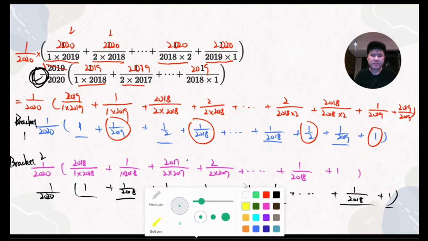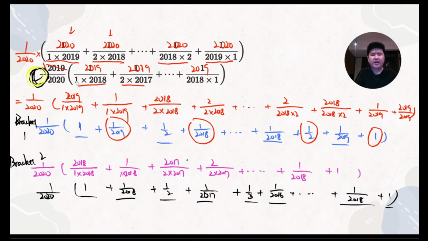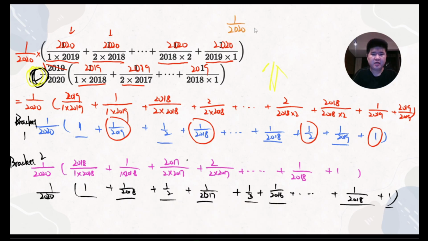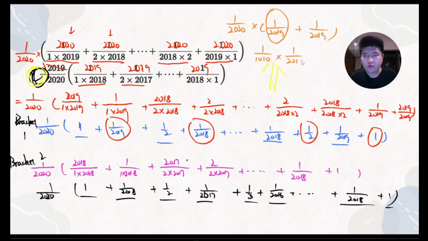We use the first bracket minus the second bracket, and we get an answer. It is 1 over 2020 times 1 over 2019 plus 1 over 2019. The 1 over 2020 is in front of every bracket. It multiplies each group, and each group in the first bracket has one more 1 over 2019 than the one in the second bracket. Each bracket has two groups, so there are two 1 over 2019 in total. So the answer becomes 1 over 1010 times 1 over 2019.